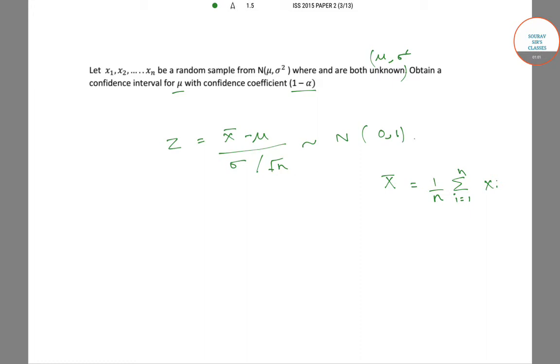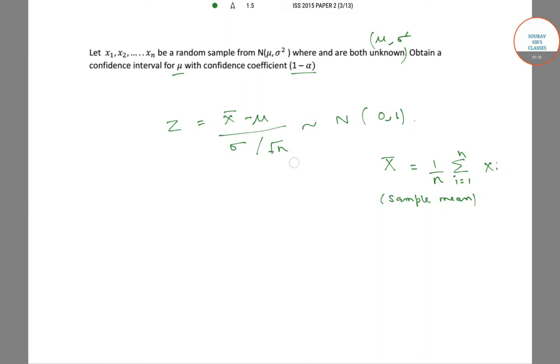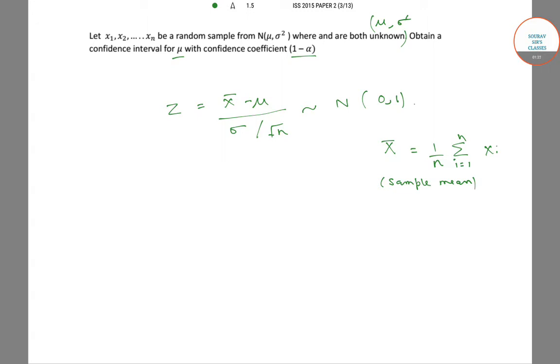So x bar is the sample mean, and z, which is equal to x bar minus mu divided by sigma divided by root n, follows normal distribution with mean 0 and variance 1.